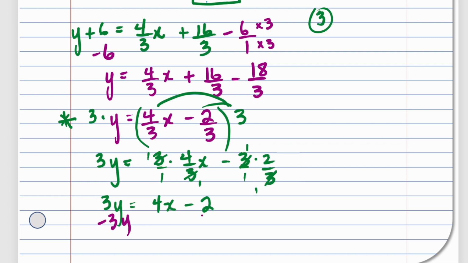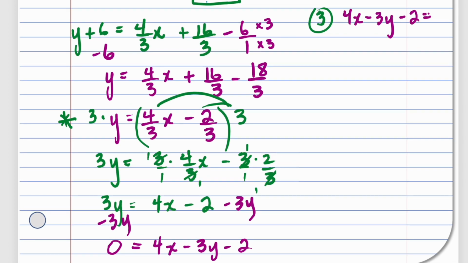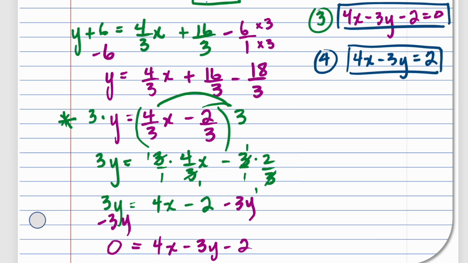Subtract 3y both sides, and we get 4x minus 3y minus 2 is equal to 0. And we'll write that over here. 4x minus 3y minus 2 is equal to 0. And finally, the standard form would be 4x minus 3y is equal to 2.